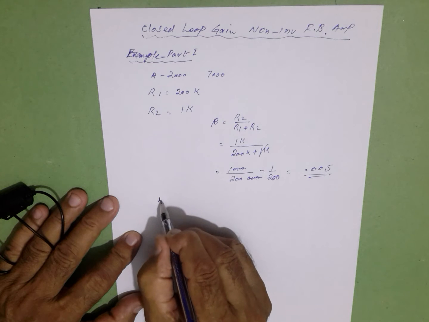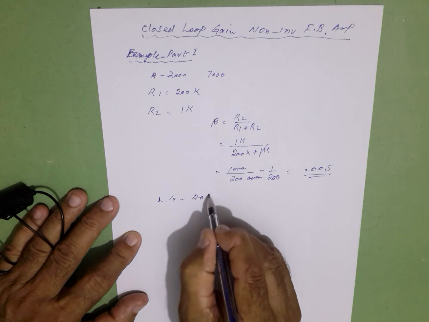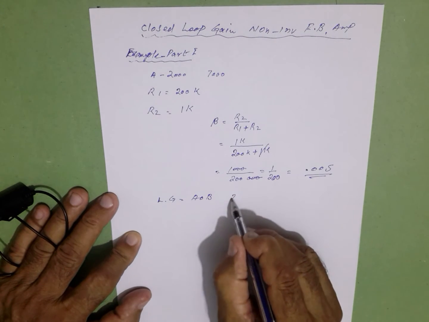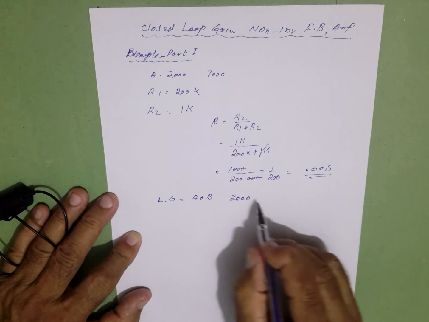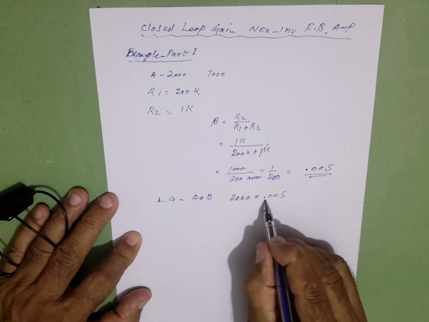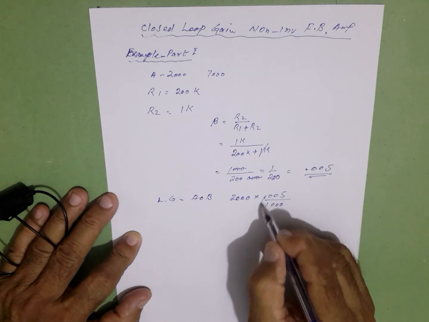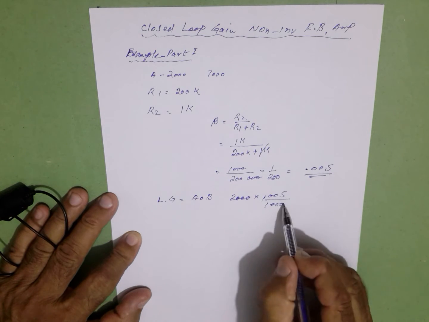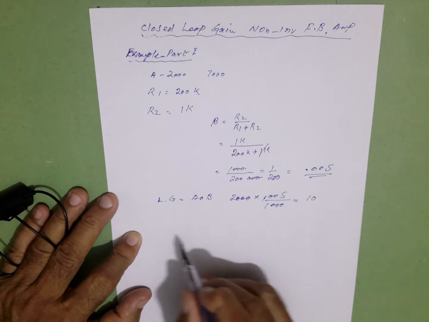Loop gain is equal to A naught beta. Let us find out for 2000. For 2000, A naught is 2000, beta is 0.005, and these 3 zeros cancel with these 3 zeros. The loop gain for 2000 comes as 10.